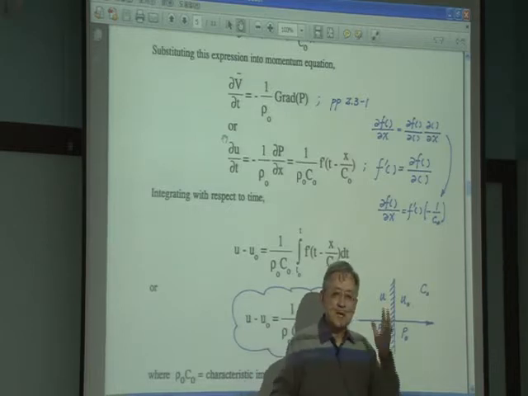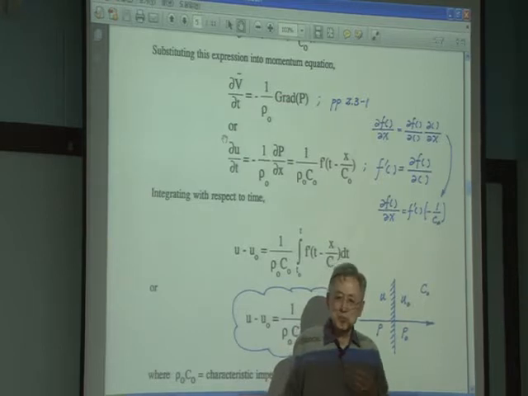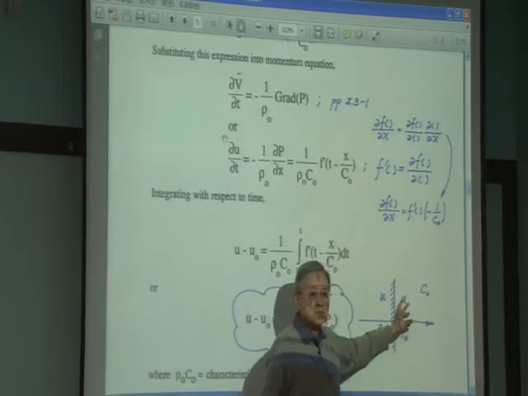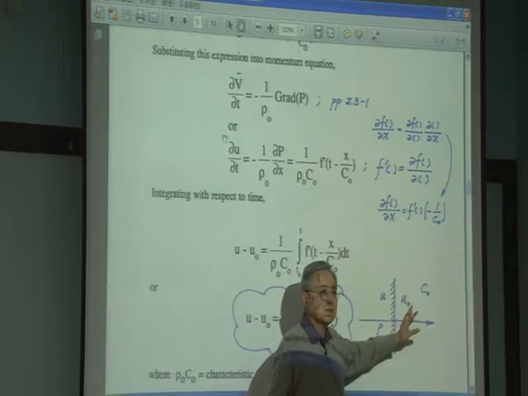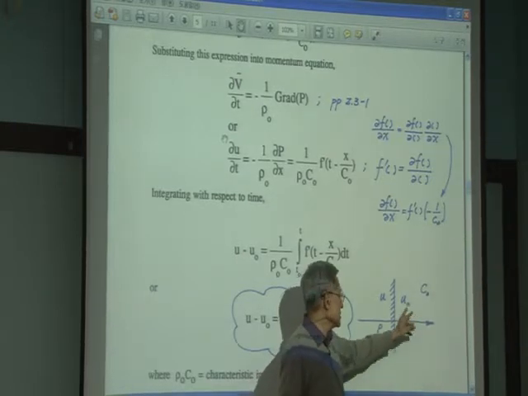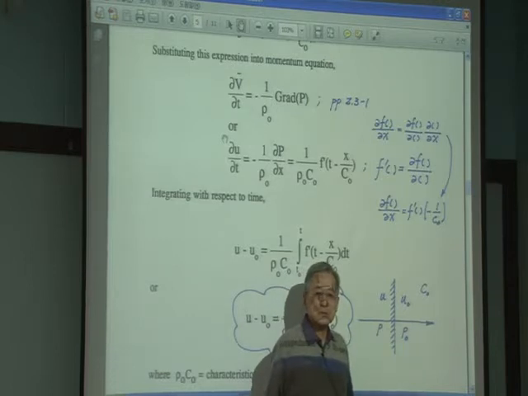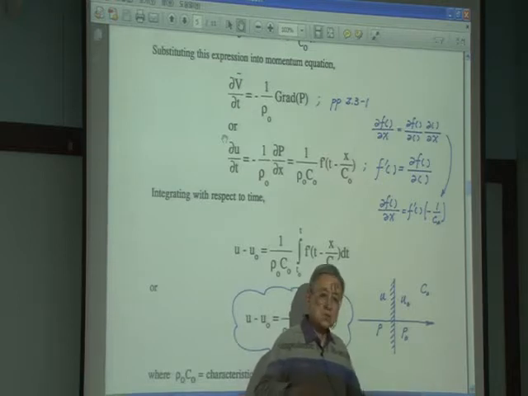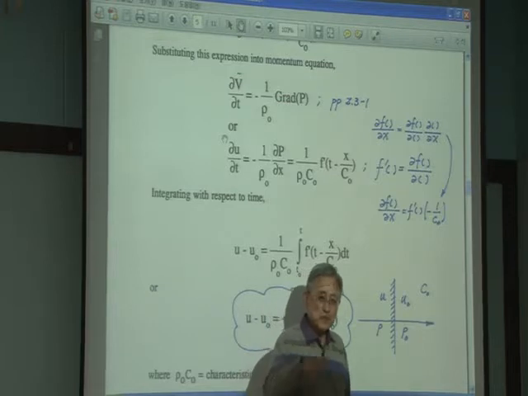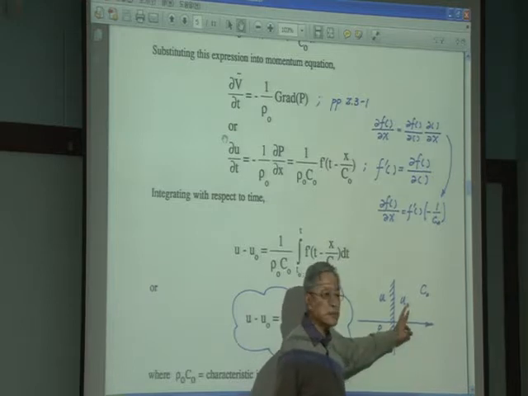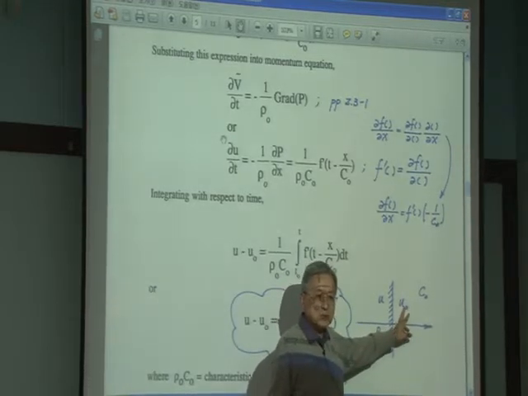Regardless, for an underwater shock situation, with good sense, you can set U naught equal to 0. It's not an accidental situation in a regular flow, with a current moving at a certain fluid particle velocity and then bang onto it. You can comfortably assume U naught is equal to 0.